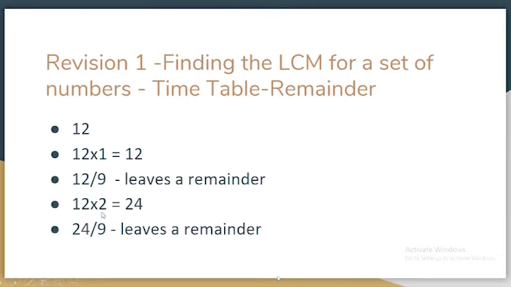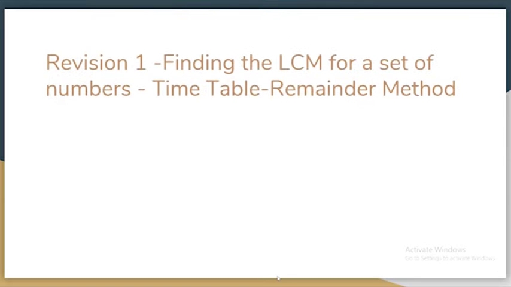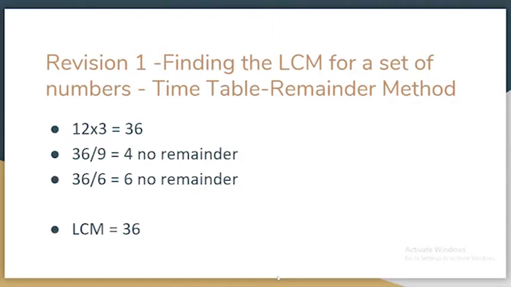Next, 12 times 2, 24. 9 into 24 will definitely leave a remainder. So 24 is definitely not the LCM. The next is 3. 12 threes, 36. 9 into 36 equals 4.